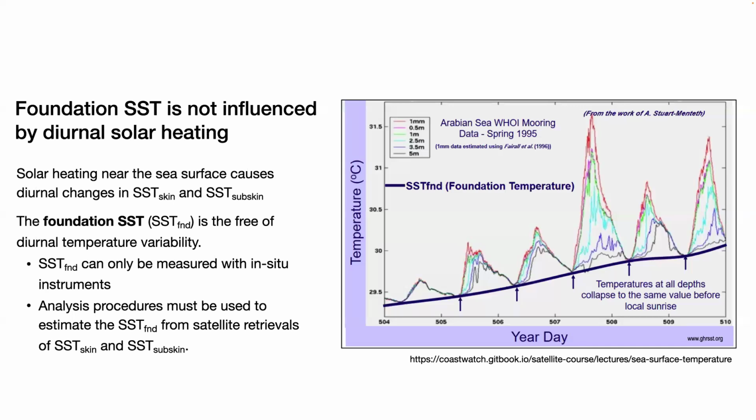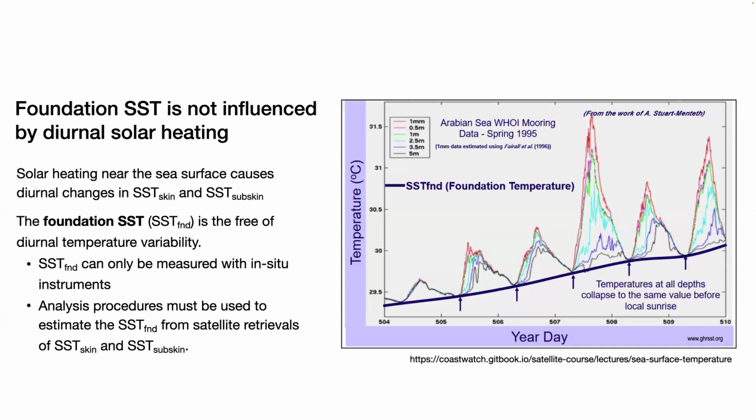And these colored curves are the rise and fall over a 24-hour period of your measured temperature. This could be measured bulk temperature, just a meter or so below the surface. So not the skin temperature, but that temperature a little bit below the skin. In this case, it's referred to as subskin temperature.